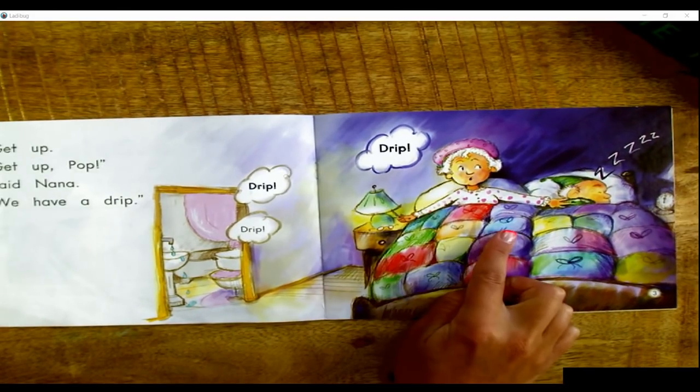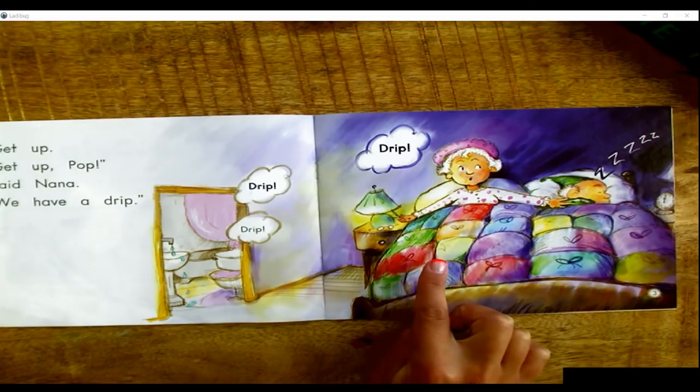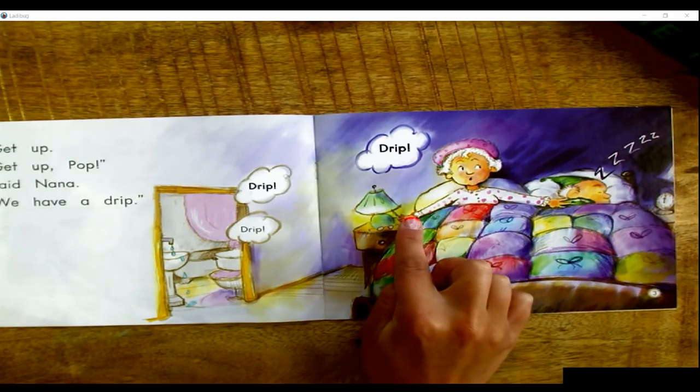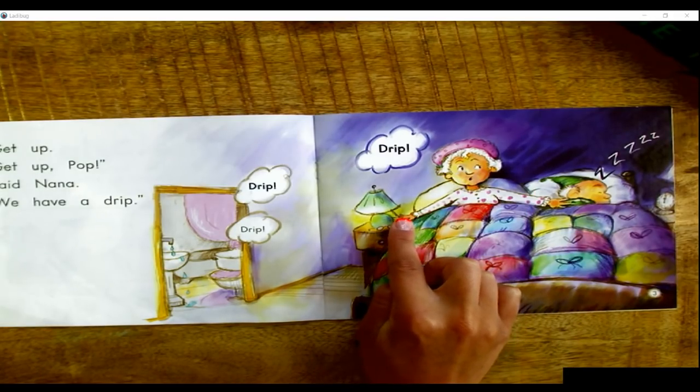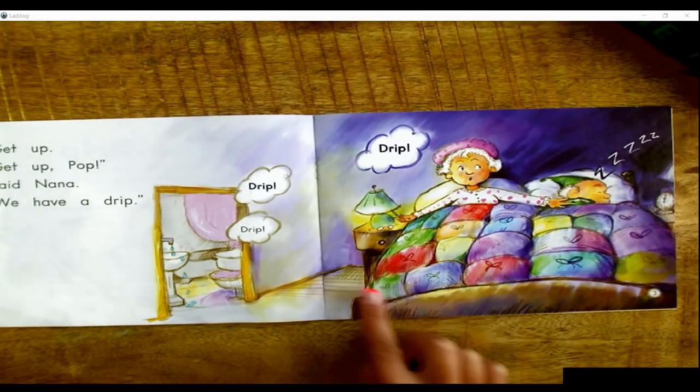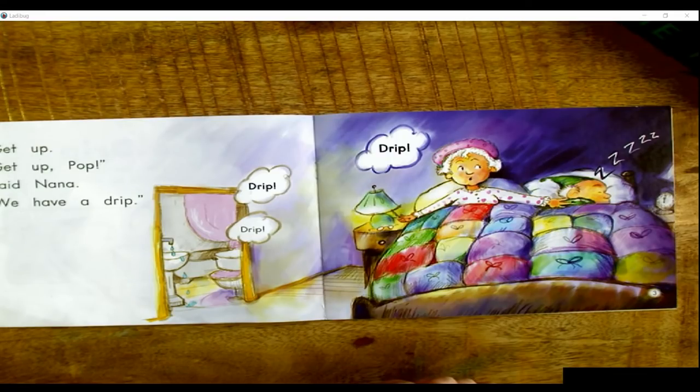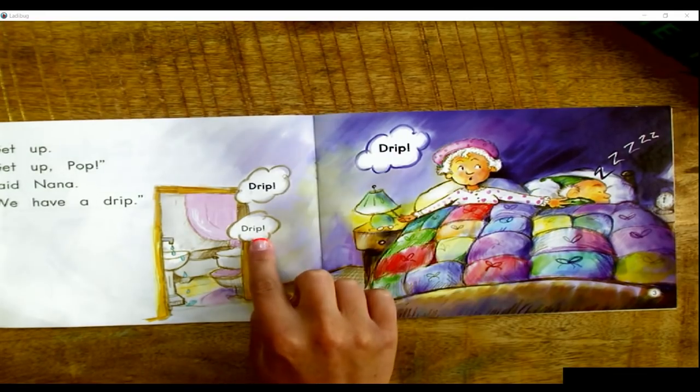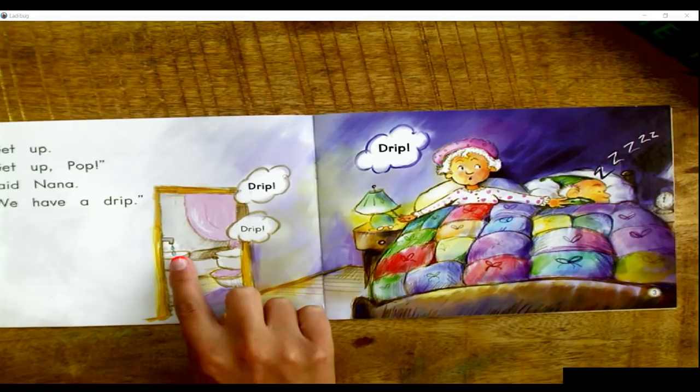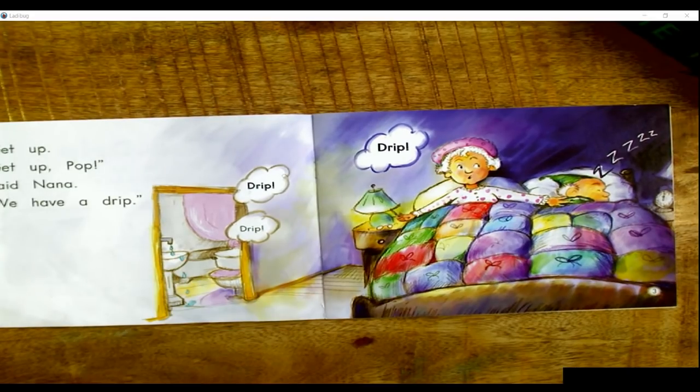And it looks to me like they're in the middle of the night because it looks really dark and Nana had to turn on a light to be able to see. And so I'm thinking that they're probably in their bedroom in their house. And she's hearing drips. I look closer and it looks like the drips are coming from the bathroom sink.